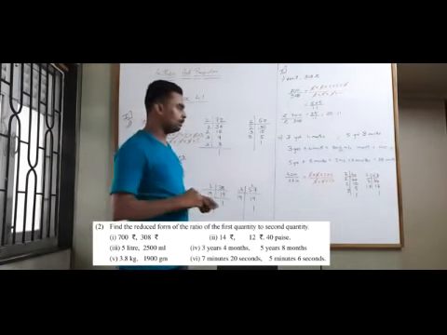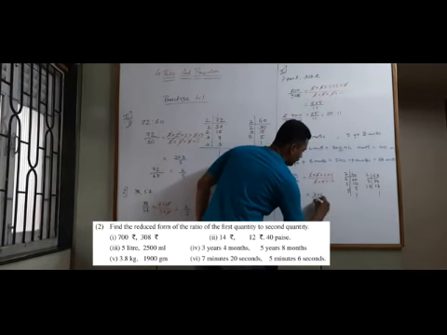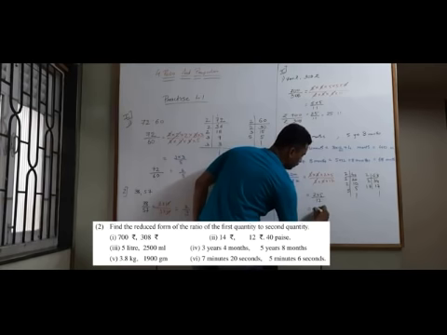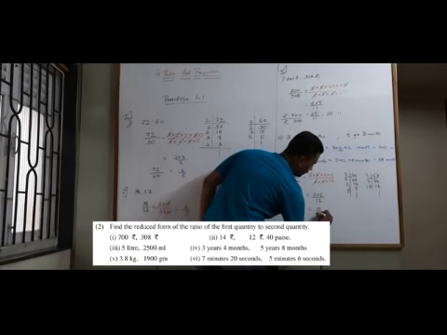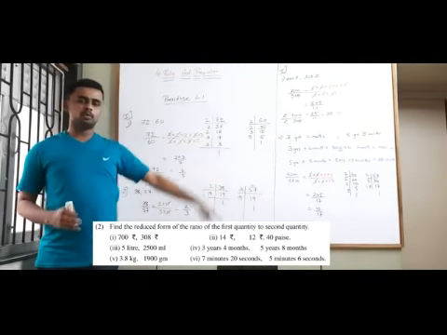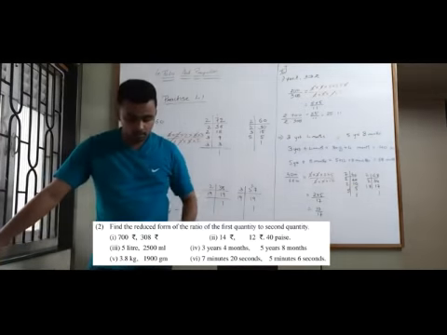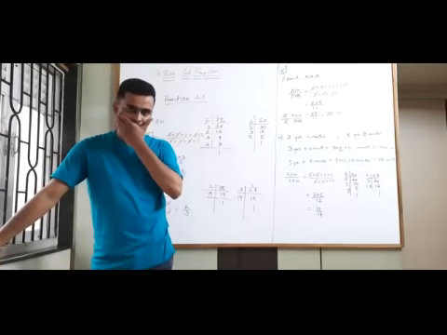So all the single numbers will remain, and I have 2 into 5 divided by 17, which will give me 10 divided by 17. This is how we do the second sub question, second main question in practice set 4.1.